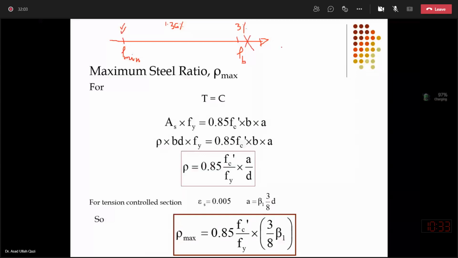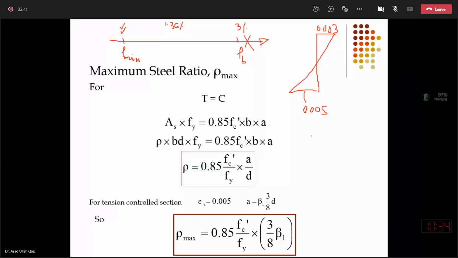But as I have given you one strain diagram for a tension controlled under reinforced cross section, corresponding to crushing in the concrete, steel is at 0.005 or bigger. So this is very ideal behavior, that we have a lot of ductility warning before failure.